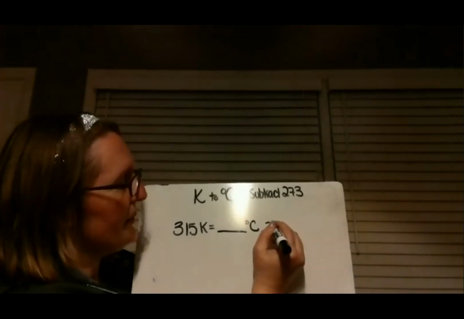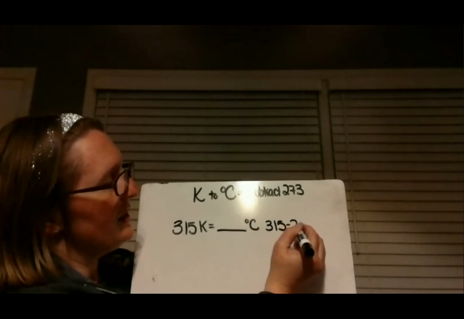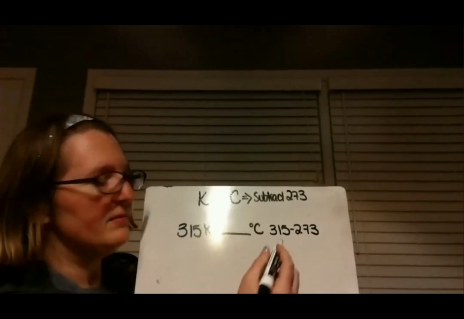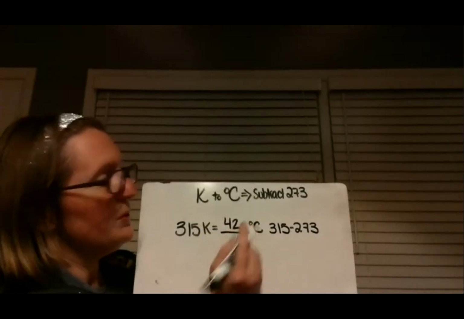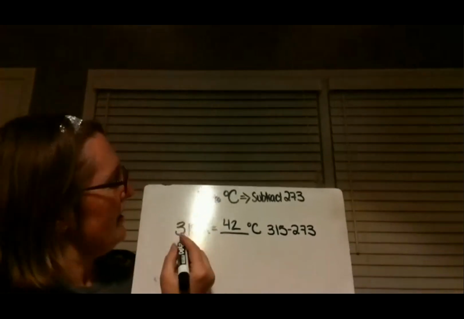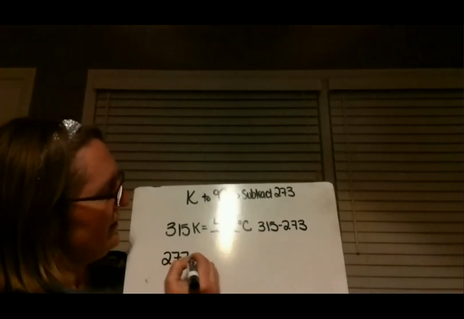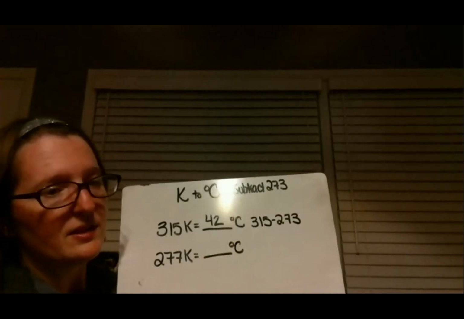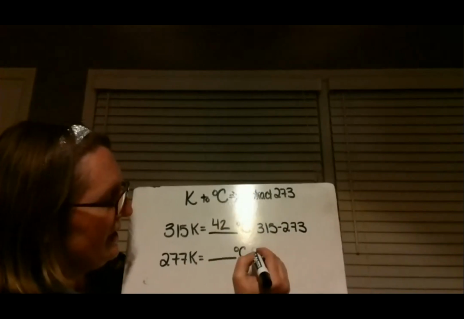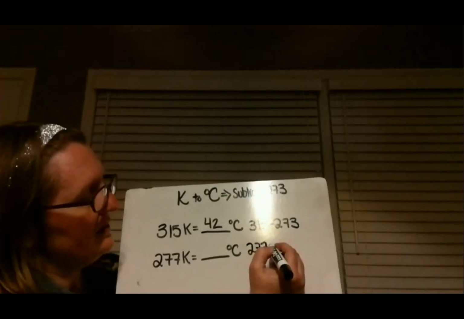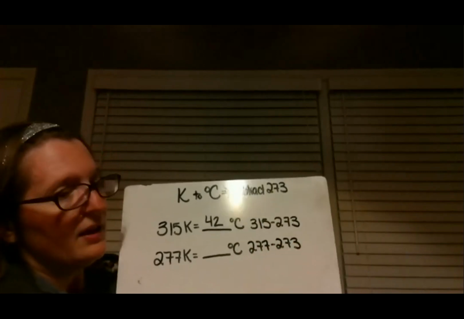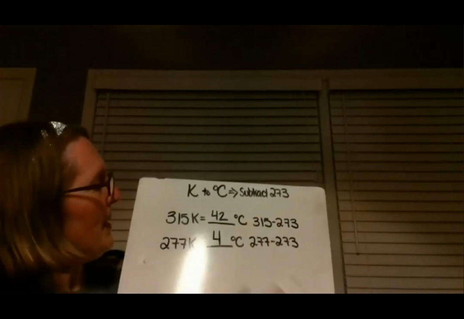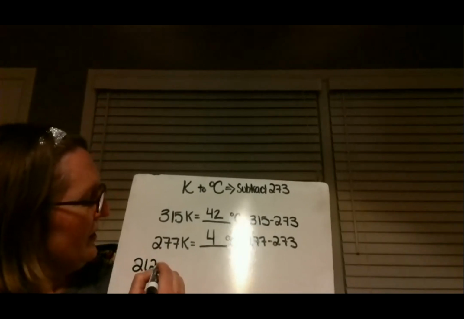So I'm going to take 315 and subtract 273 from it, and I get 42. All right, then I have 277 K equals how many degrees Celsius? So I'm going to take 277 minus 273, and I get 4 degrees Celsius. This last one says 212 degrees Fahrenheit.